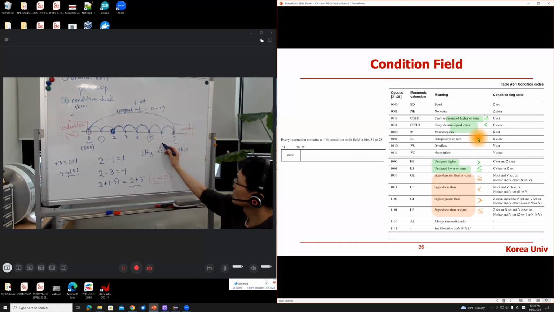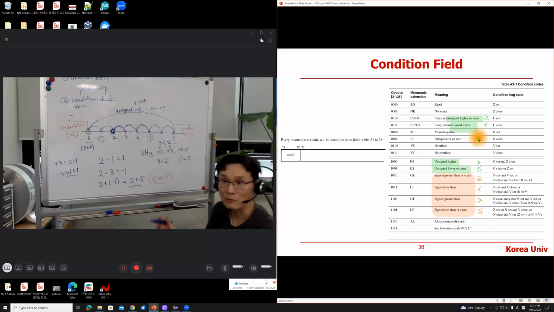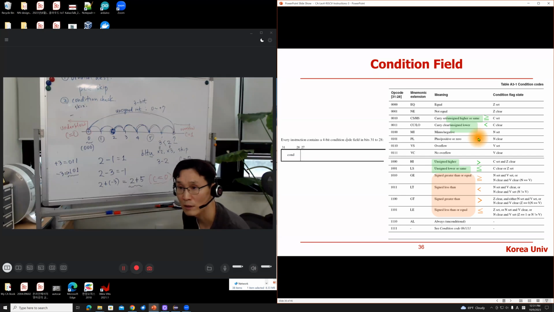With 3 and 2, unsigned lower, the condition is met. Then carry 3 minus 2: the carry is supposed to be 0, then the condition is met. LTU, unsigned lower.